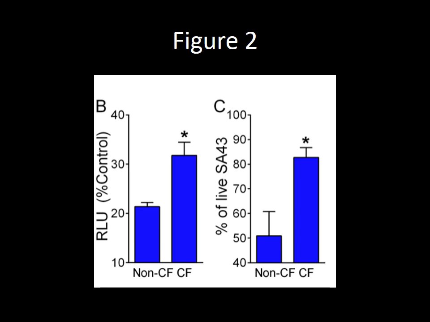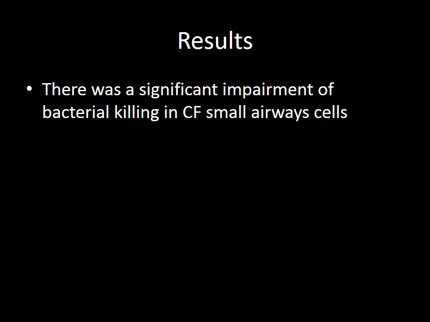And then they measured the amount of live SA43, which is a strain of bacteria, and there's a significant increase in the amount of live bacteria within the airways. They concluded that there was a significant impairment of bacteria killing in cystic fibrosis small airway cells.